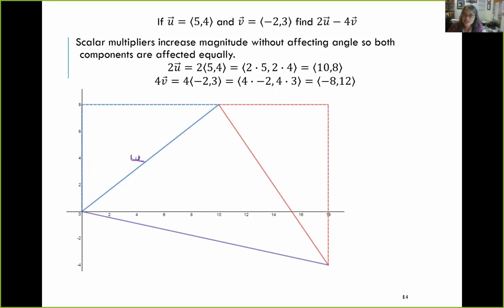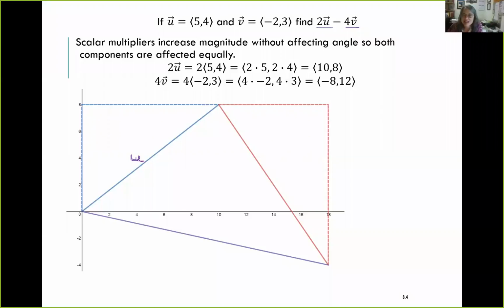And a vector v that has an x displacement to the left 2, and a vertical displacement of 3. But I want to scale these things. I want to find 2 times vector u minus 4 times vector v.